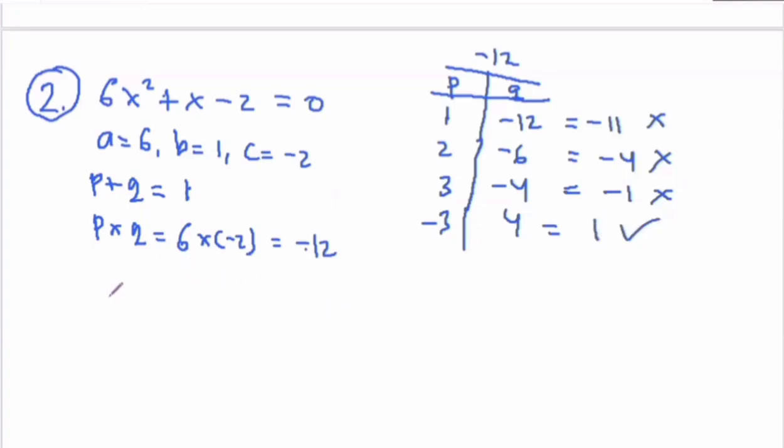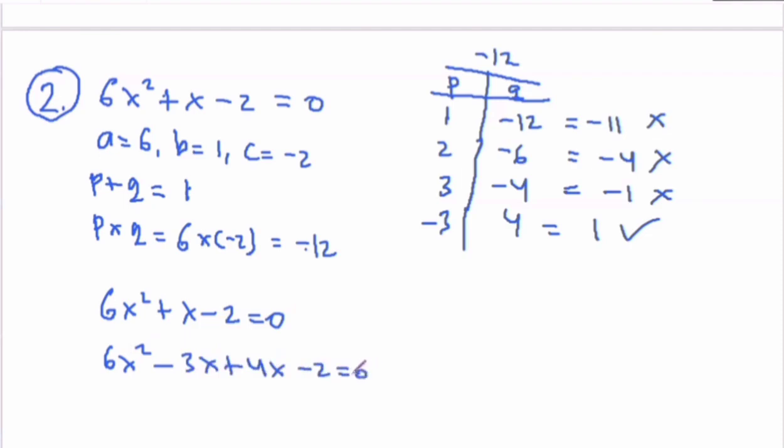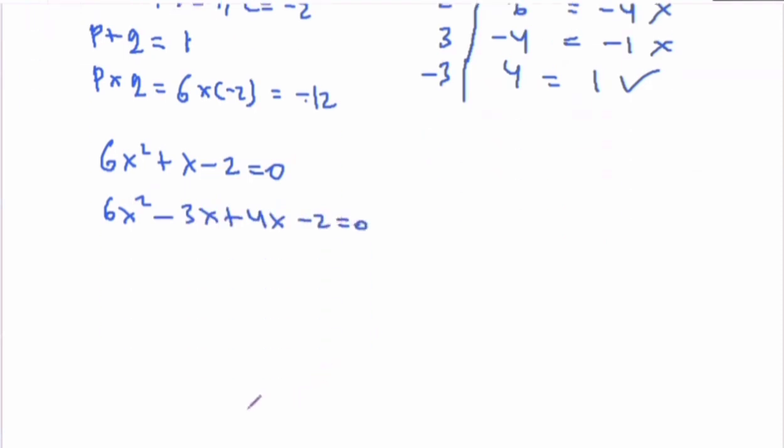Then we rewrite 6x squared plus x minus 2 is equal to 0. We can make it 6x squared minus 3x plus 4x minus 2 is equal to 0. We see here minus 3x plus 4x is equal to x, so we don't change the question.